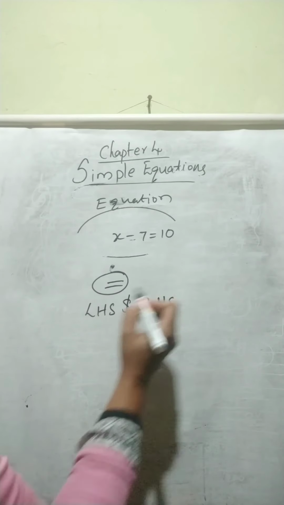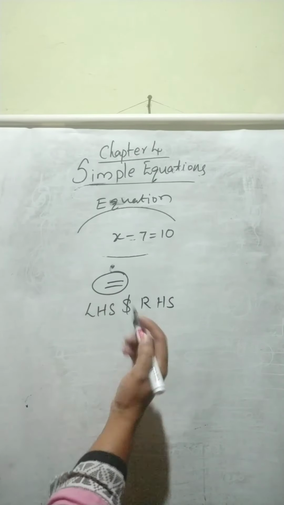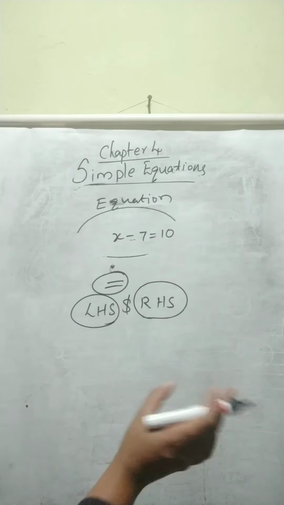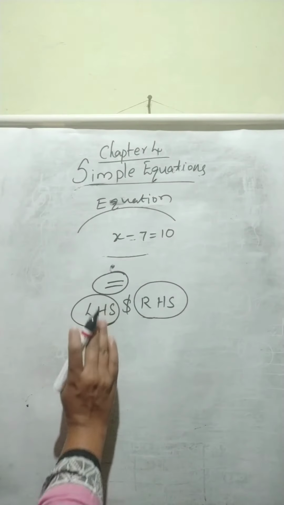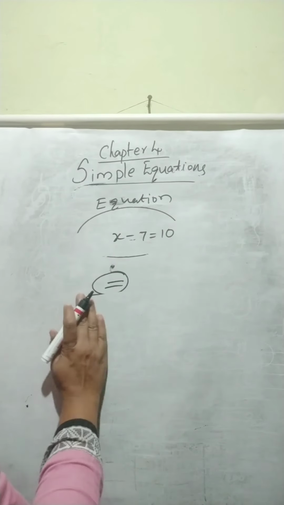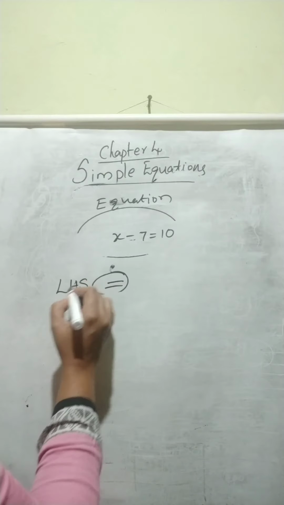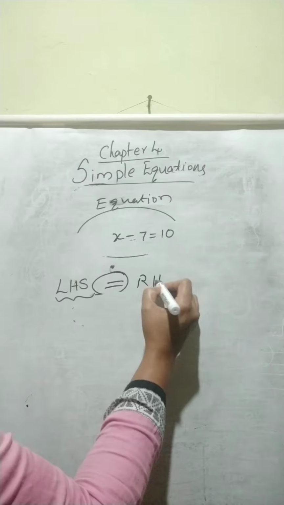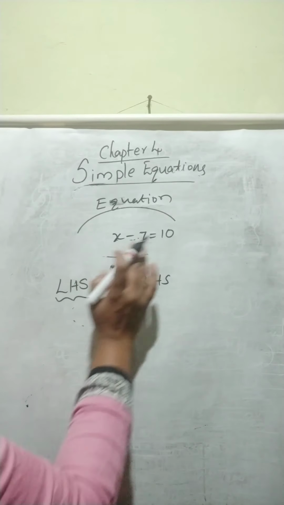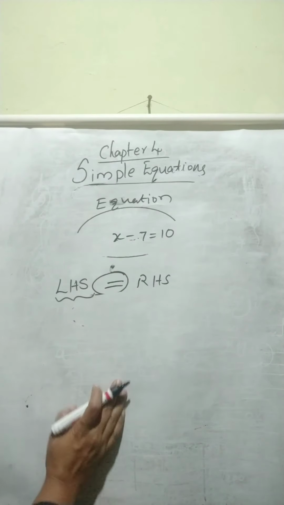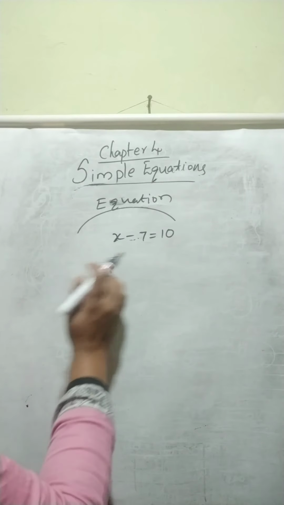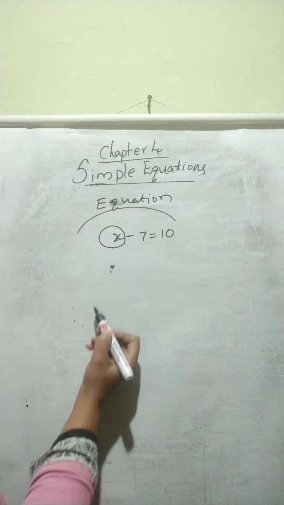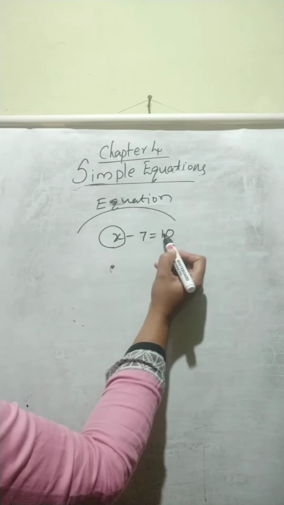When we are solving, we have to get LHS and RHS equal to each other. Both sides should be equal. Here x minus 7 is equal to 10 is an equation. Then we can find the value of the variable x. Here the variable is x, and the constants are 7 and 10.